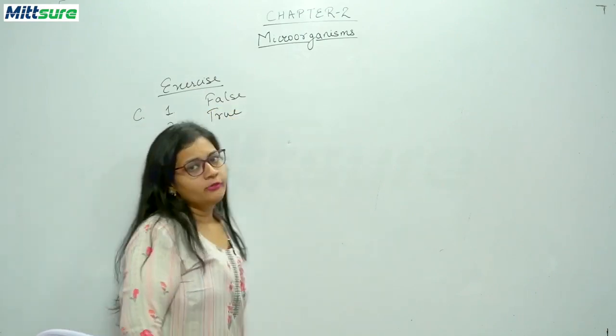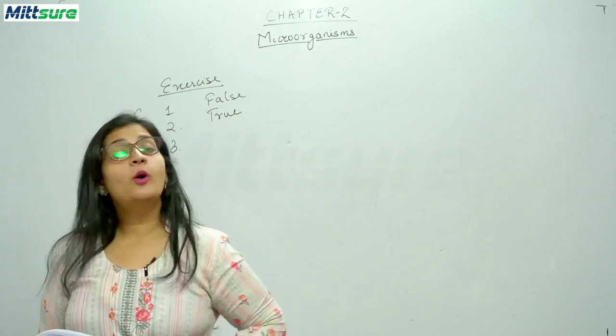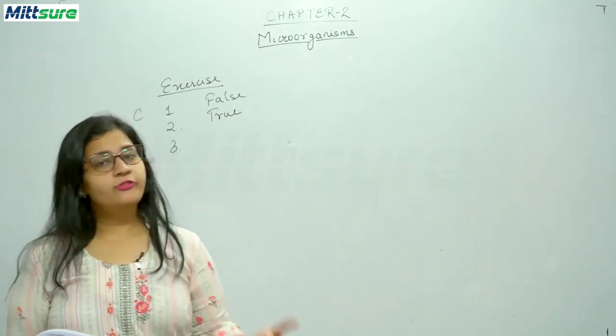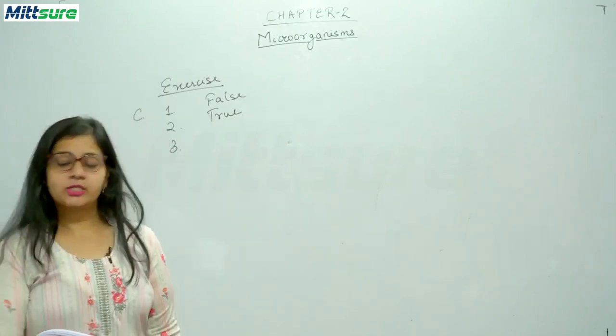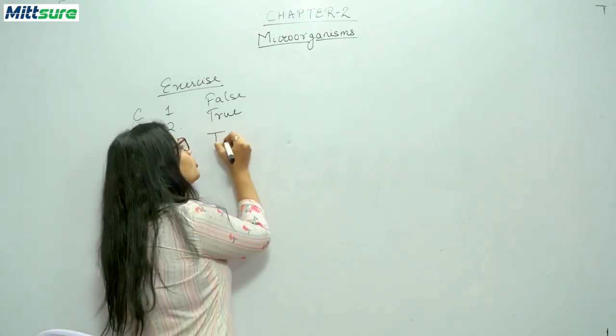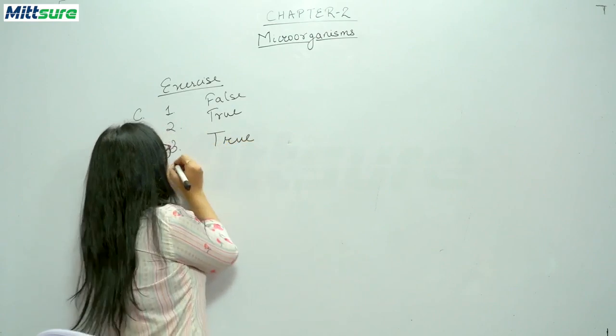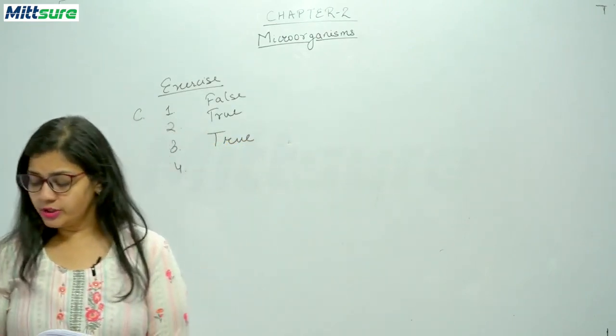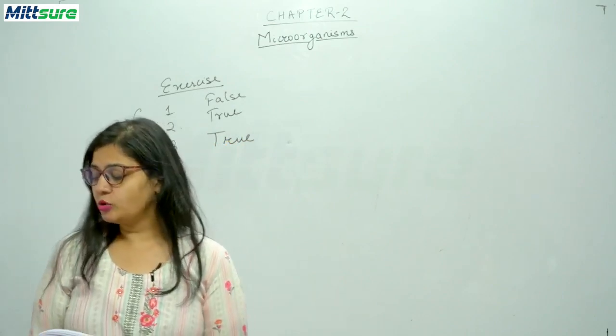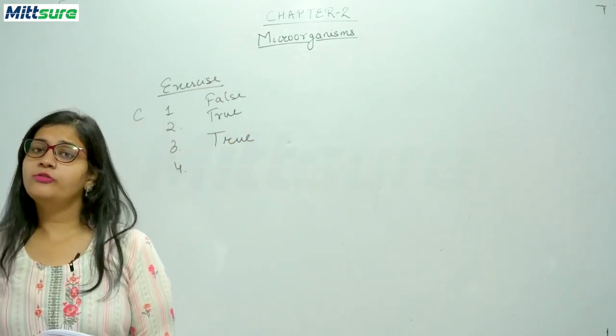For third one. Our body counters infectious disease by producing antibodies. It is also true. Fourth one, fungi are used in the food industries as they do not cause spoilage of food.